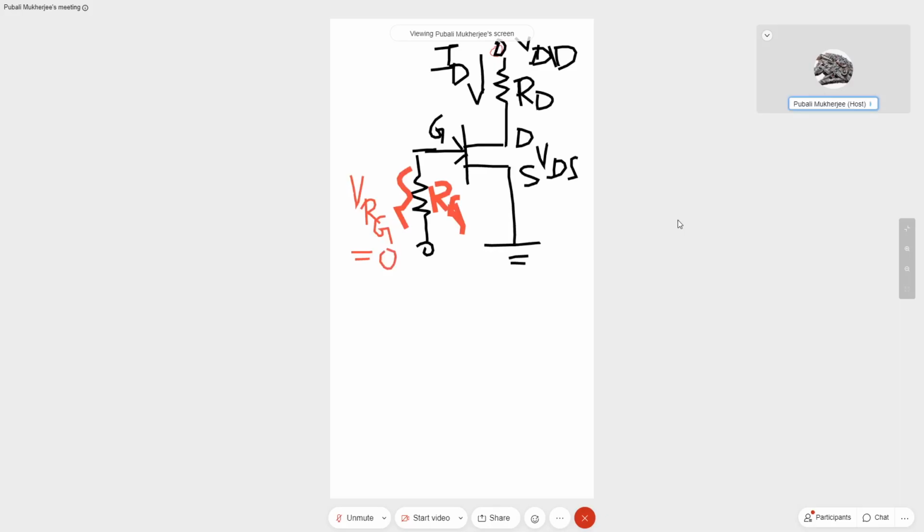So you can replace this drop by a short circuit, and you can modify this part of the circuit. I'm just erasing this part and modifying it like this. So this is G. You're replacing the resistor by a short, just a single connecting wire. And what we do is we connect a battery.